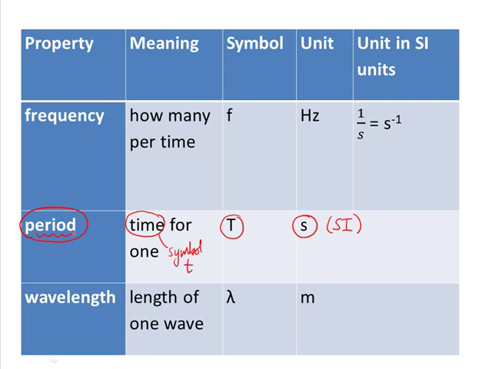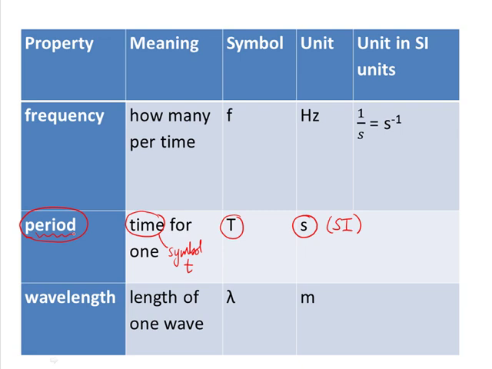Notice that again we're using capital T's and small t's as we did with temperature just now. So symbols are not always self-explanatory because we can sometimes use the same letter, the same symbol, for a number of properties. So you have to then see from the context which one we're meaning.